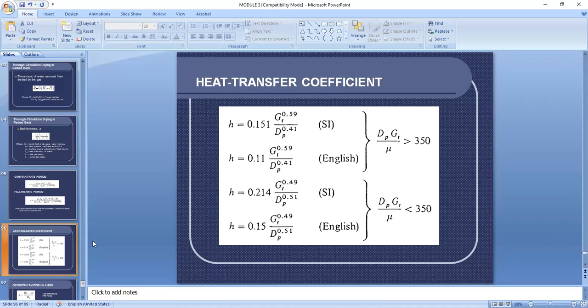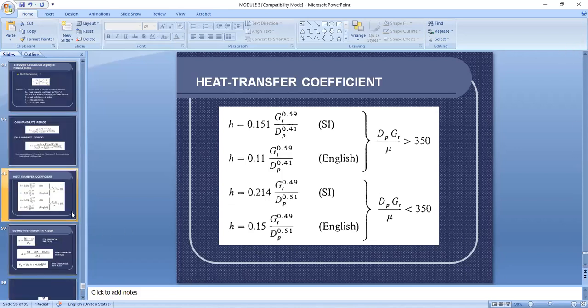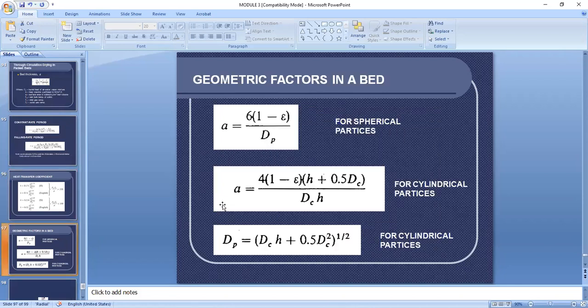And then for the A that I have mentioned, for spherical particles, this will be your A. For cylindrical particles, this would be your A. And for cylindrical particles whose diameter is not given, this will be the formula that you will use.